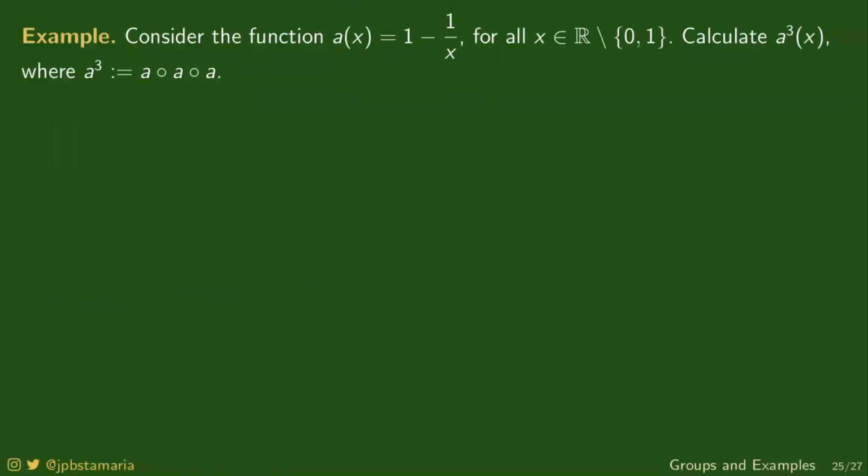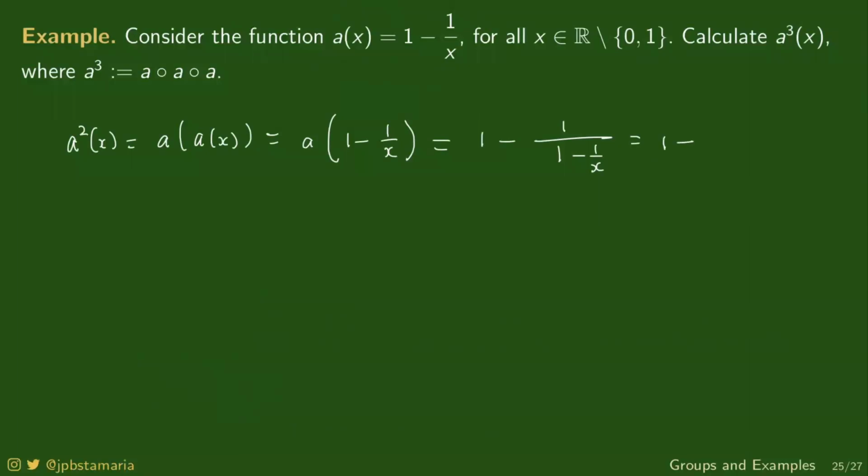No? So halimbawa, ang a squared of x actually means a of a of x. Kaya ito yung a of 1 minus 1 over x. Apply mo ulit 1 minus 1 over 1 minus 1 over x. Ganyan yan. So, ito ay 1 minus, multiply ka ng x over x.